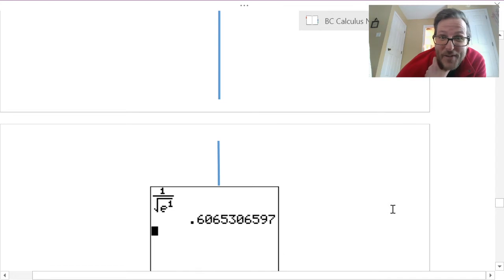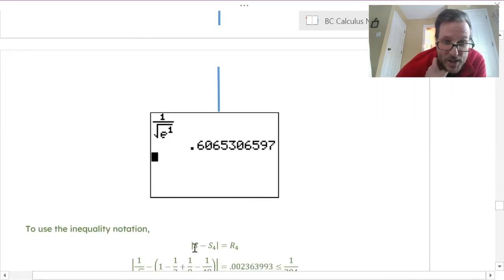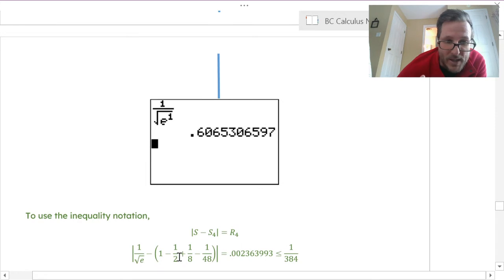Well, even further, dig this. The actual difference between S, the real sum, and the 4th partial sum, the sum of the first 4 terms, is this exact remainder. Using the terminology here, I'm plugging in: this is 1 over root e minus the first 4 terms. This is the exact error.